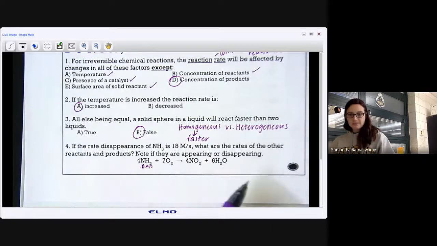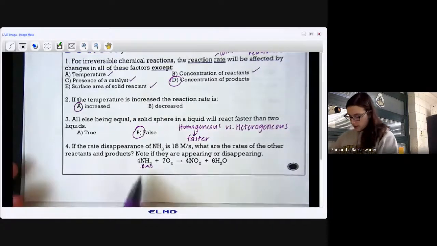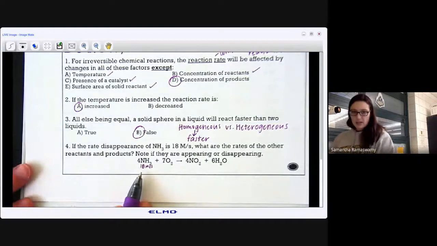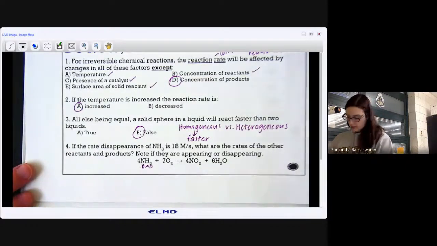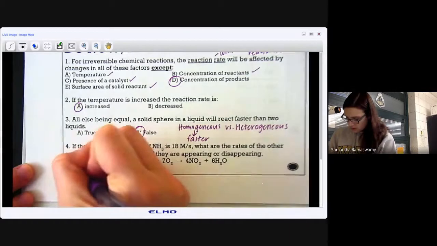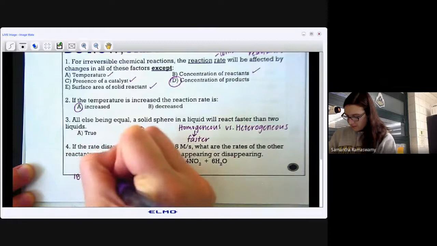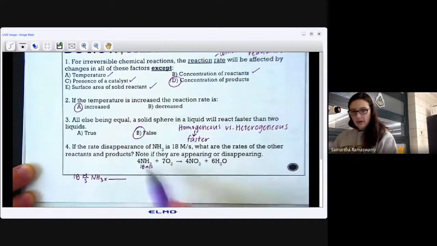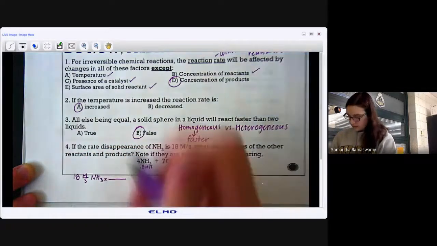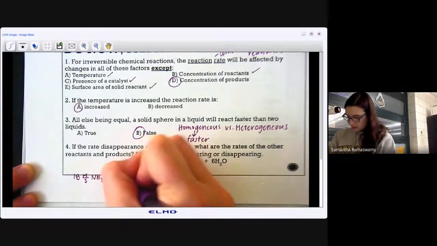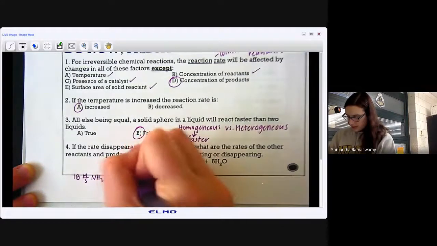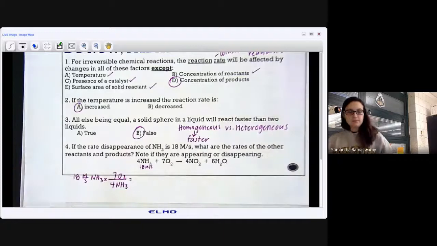Based on NH3, we're going to look at the factors like we did yesterday to solve for these other ones. I'm going to start every single time with NH3, and go to each of my other substances. So if I have 18 molar per second of NH3, let's start by going from NH3 to O2. For every 4 NH3 that react, we need 7 O2 to react.